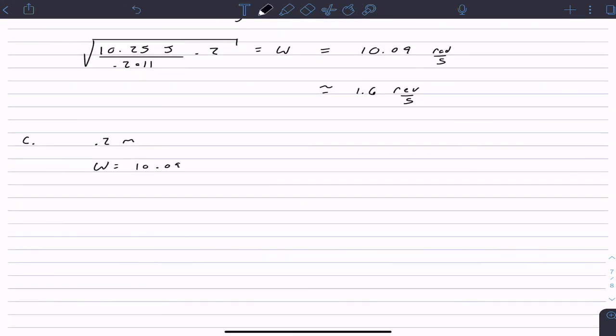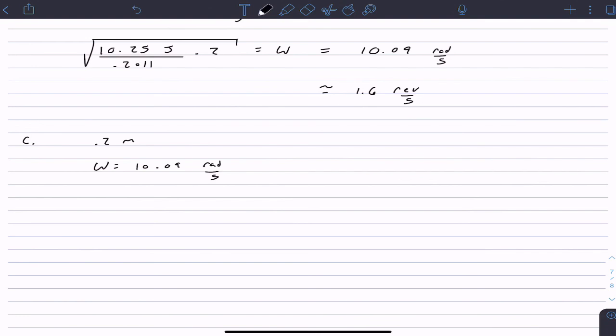What is the linear speed of the center of mass of the ball and rod when it reaches a horizontal position? So the ball is at 0.2 meters. We know that omega is equal to 10.09 radians per second, right?